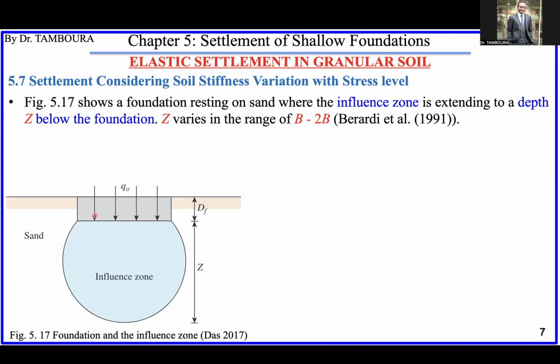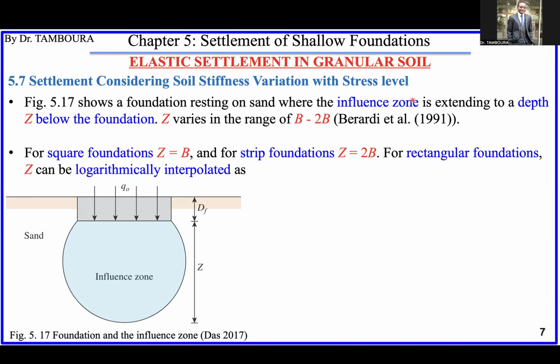B is, as you know, even if it is not written here, just the width of the footing. So between B and 2B, one times the pile diameter in case of circular, or pile width, or between one time and twice the pile diameter according to this reference.